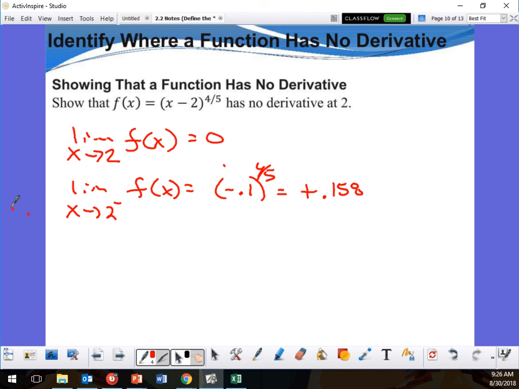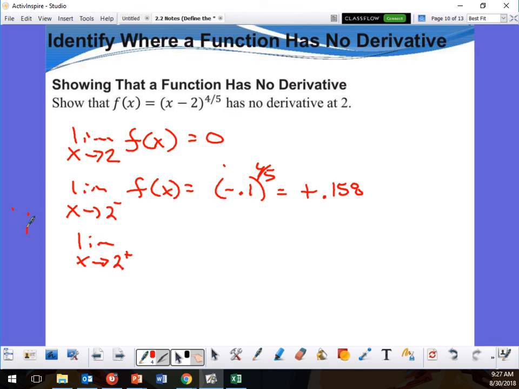Now let's do the other side. The limit as x approaches 2 from the right. What would I have for the right? 2.1.